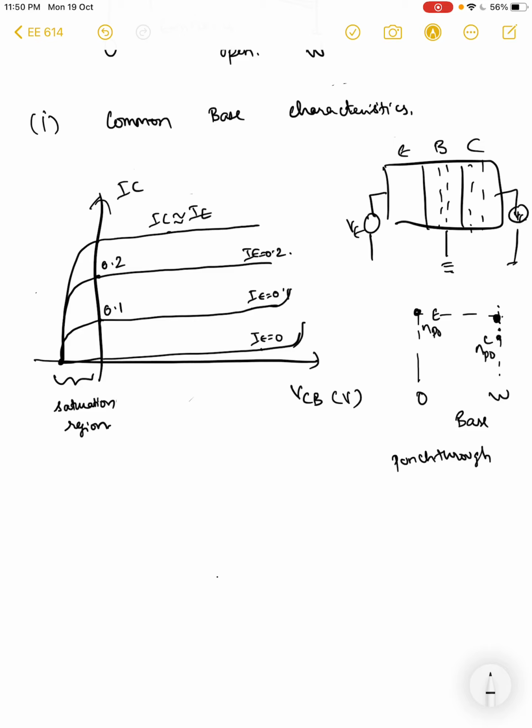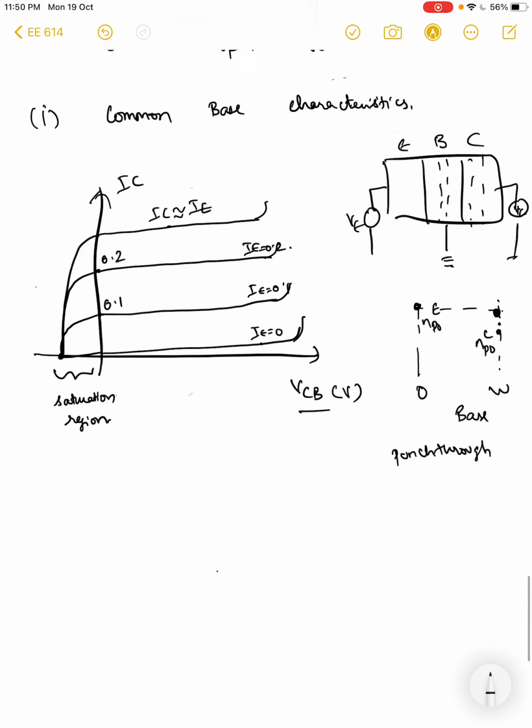So that will cause breakdown at higher reverse bias potentials. And the common base is characteristic of the point that you have a gain of almost unity. IC is almost equal to IE, right? And under these situations you have very high output impedance, which is useful for many circuit applications.